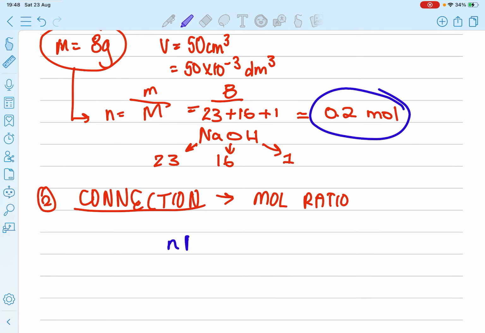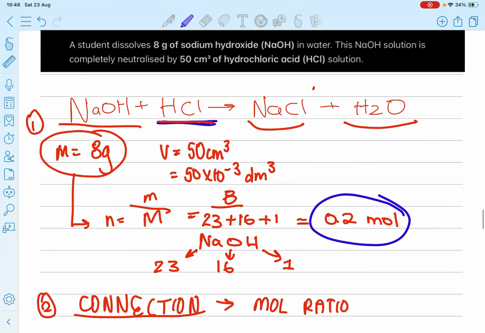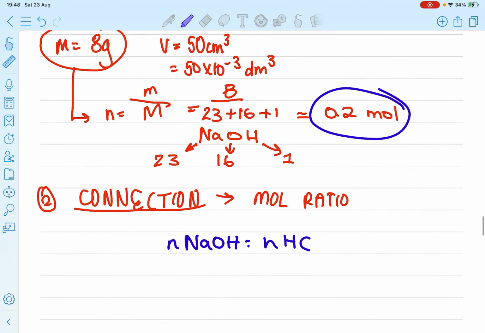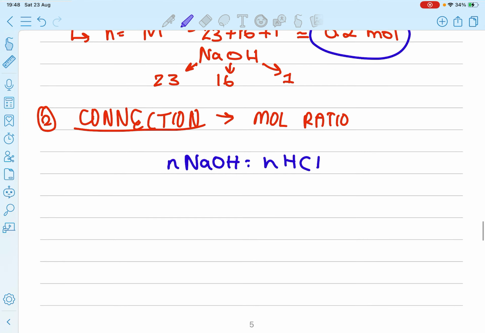You say ratio of sodium hydroxide to the ratio of hydrochloric acid, and you have to look at the reaction for you to know the balanced reaction. Here, 1:1. What this tells us is that for every 1 mole of sodium hydroxide, we would have 1 mole of hydrochloric acid, ideally. But we've got 0.2 moles of sodium hydroxide.